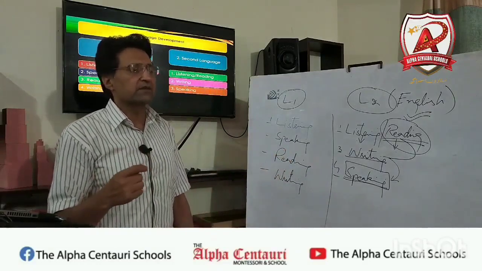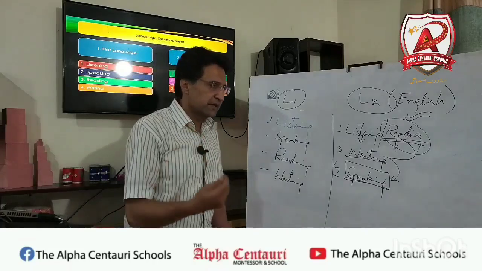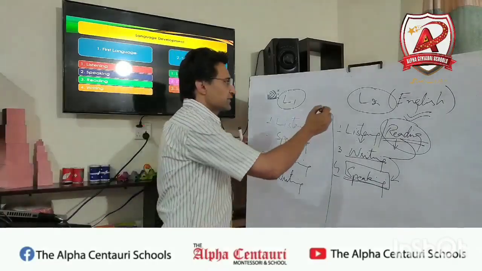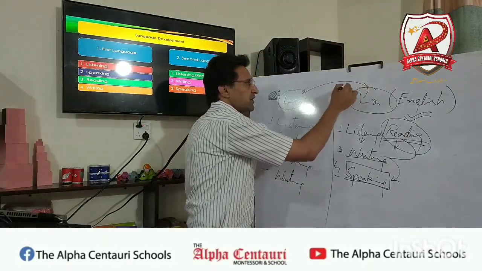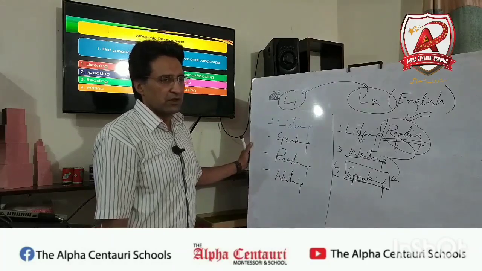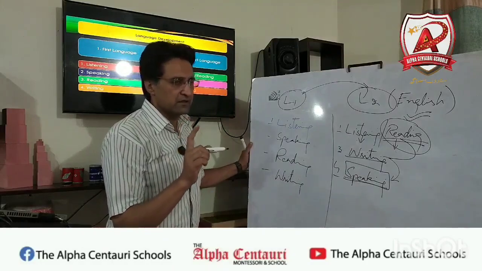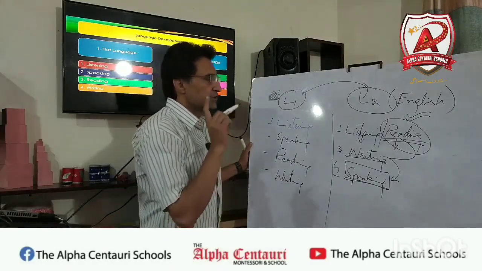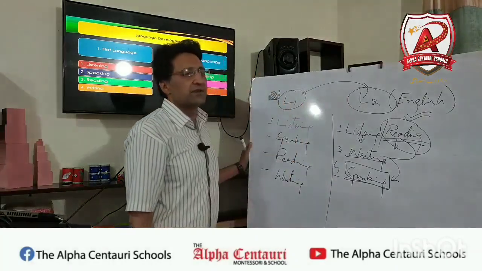And usually it happens that in our surrounding, we try to teach L2 through L1, ji. Clear? This is a wrong mode. This is absolutely wrong mode. I'm saying so with much authenticity, ji, with exactness, that to teach L2 through L1 is wrong.